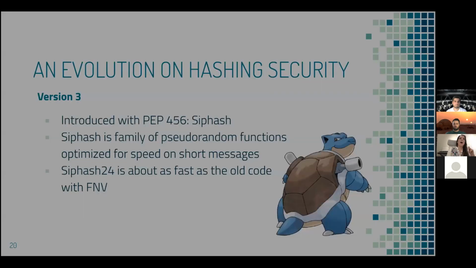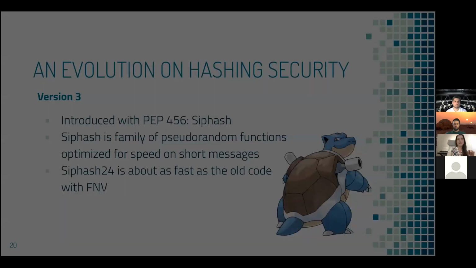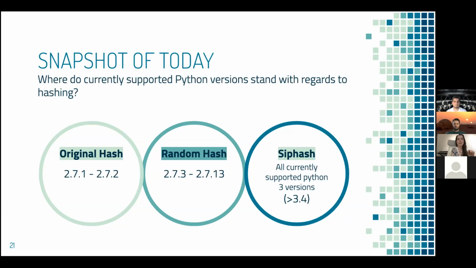These slides were done for Python UK in September last year, so all these Python versions, everything that is Python 2, are not supported right now. But this is a snapshot of some Python versions and where they sit in terms of dictionary security.